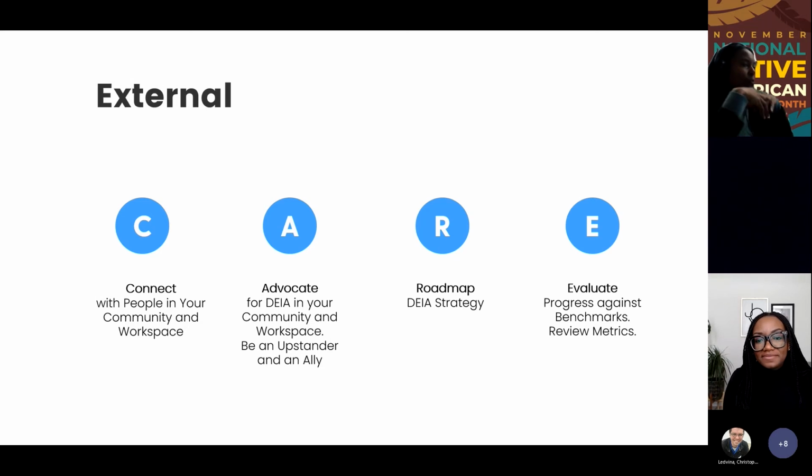And then E, evaluate your progress against benchmarks, right? Review your metrics, see how far you've come. There are different benchmarks out there. There's the disability index. There is the HRC, so the Human Rights Campaign Index for individuals in the LGBTQ community. There's also diversity best practices, so the Inclusion Index.